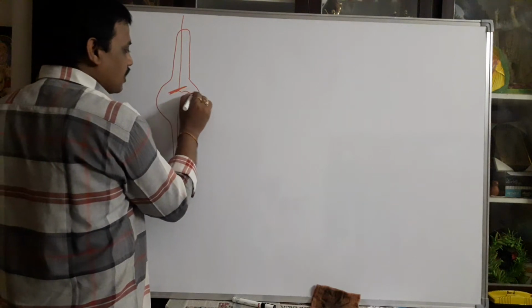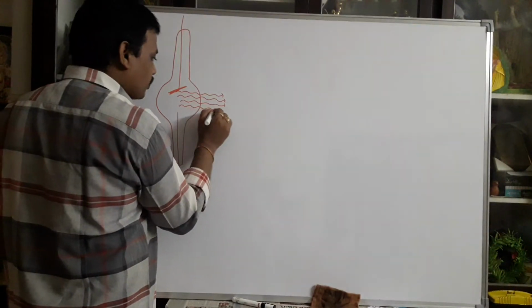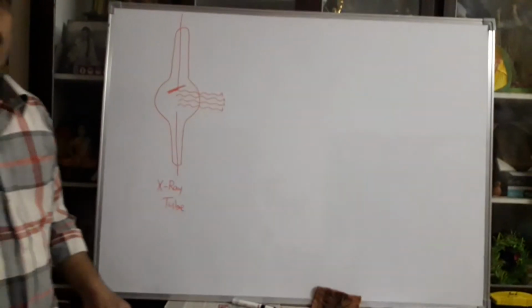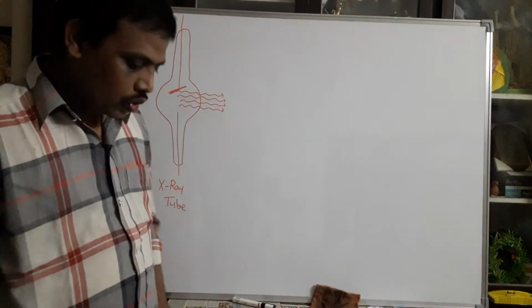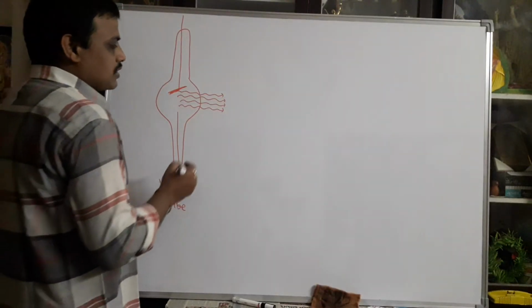The X-rays are liberated like this, a number of X-rays. According to the powder photographic method, we need monochromatic X-rays, particularly a single beam of X-rays. Here I am drawing 4 beams of X-rays. For this purpose, I am showing one filter.